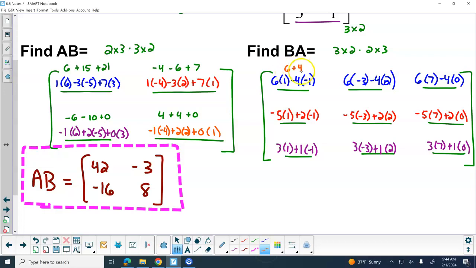Six plus 4, negative 5 minus 2, 3 minus 1, negative 9 plus 2, 15 plus 4, negative 18 minus 8, 42 minus 0, negative 35 minus 0, 21.